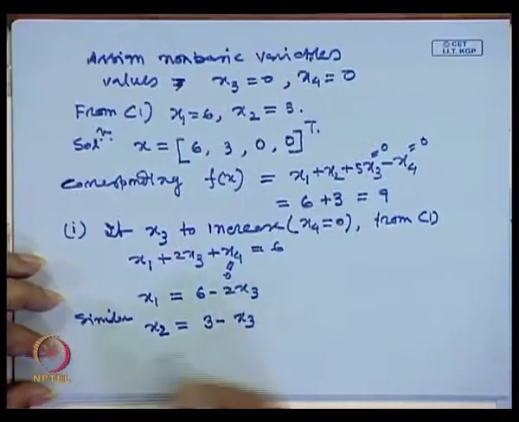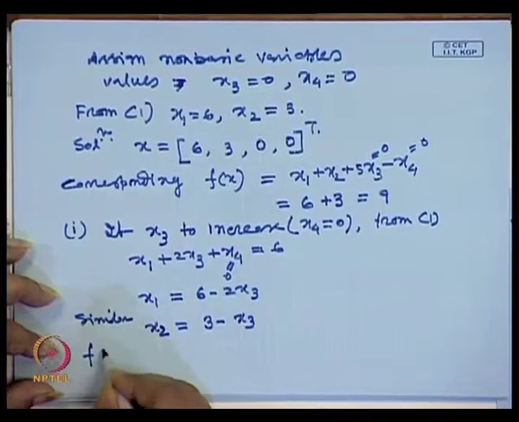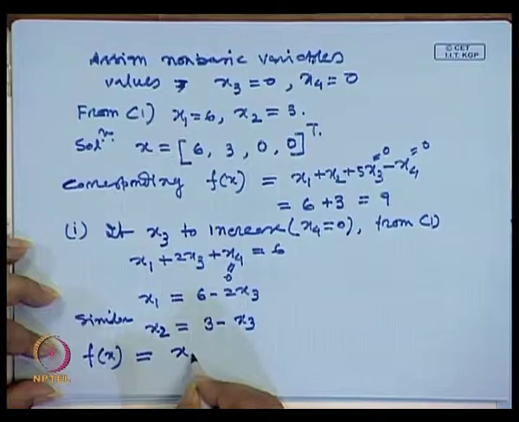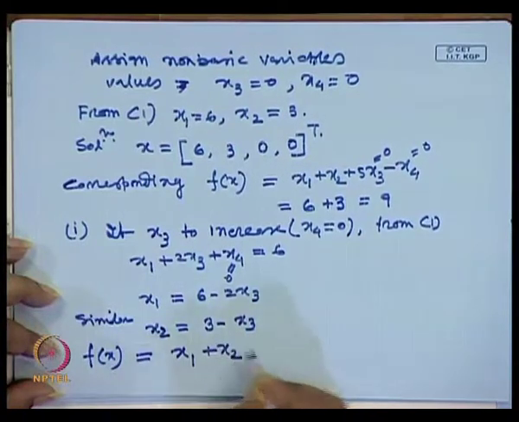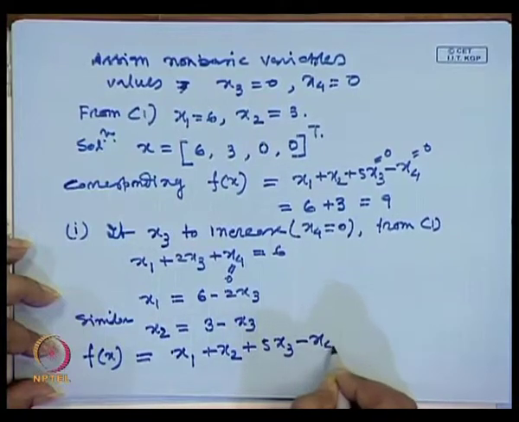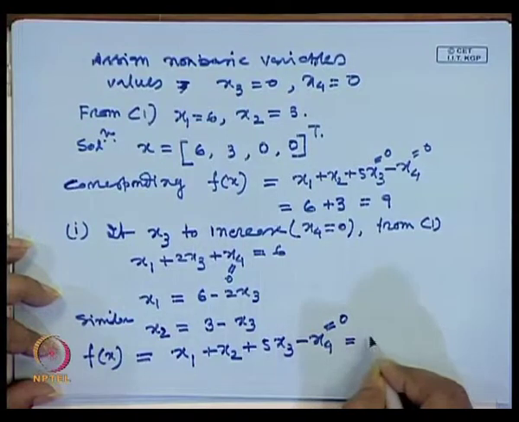So let us say the objective function is what? Now, the objective or cost function is x1 plus x2 plus 5x3 minus x4, but we have not changed its value, x4 is 0. So what is coming?